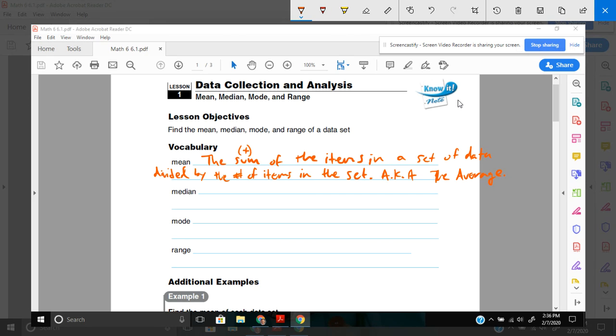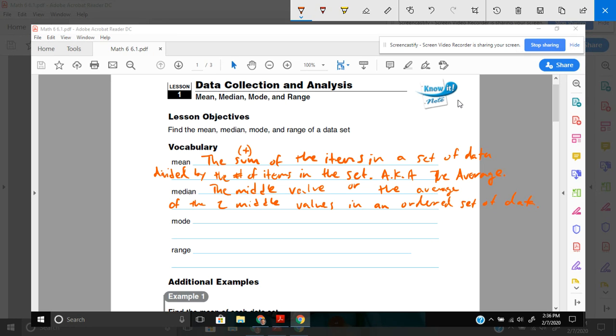Okay, the median, kind of is what it sounds like, is the middle value, or the average of the two middle values in an ordered set of data.